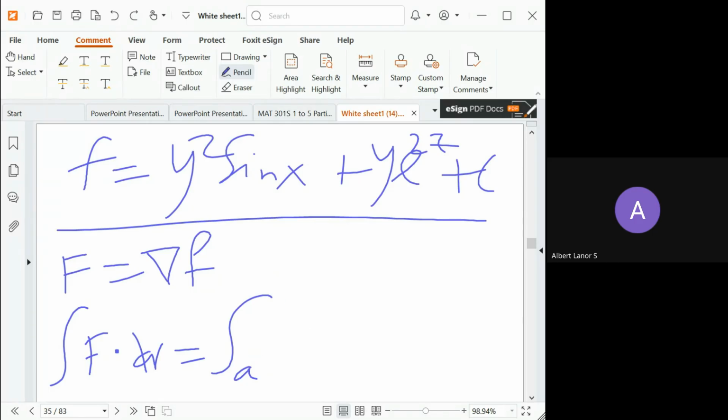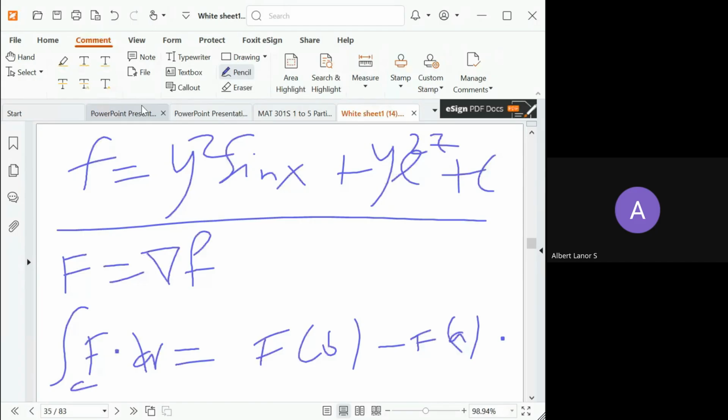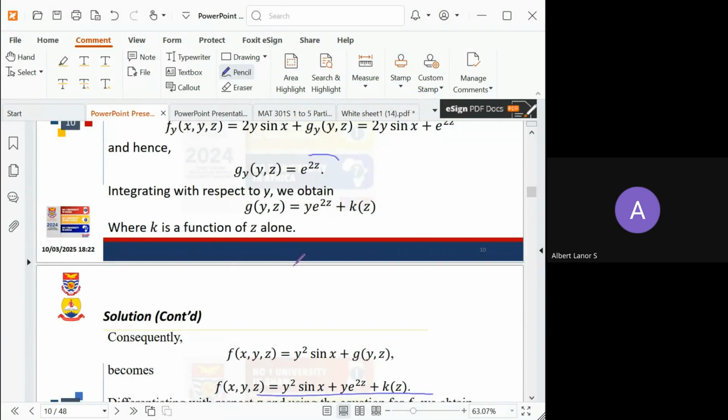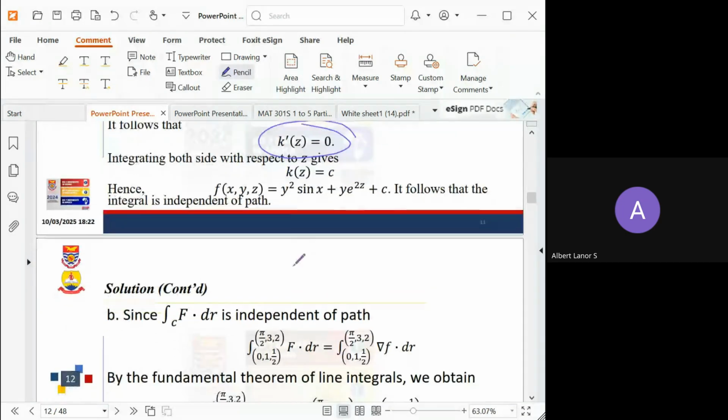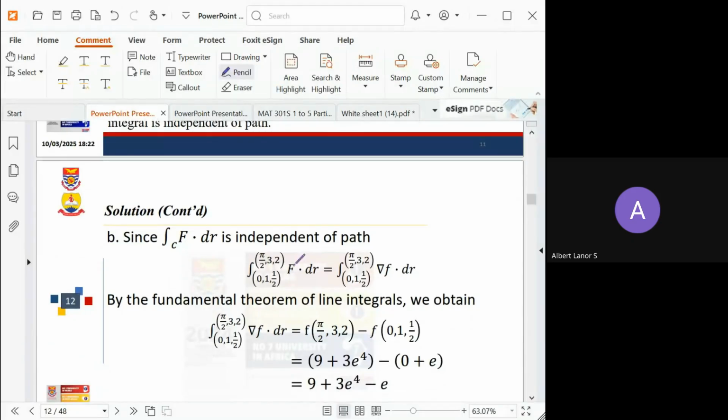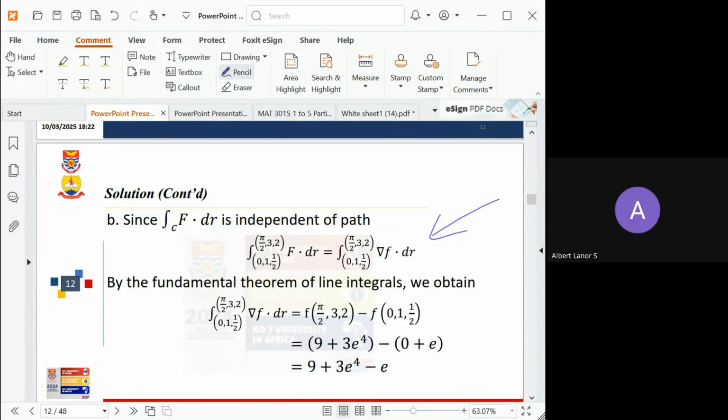So this is easy to do. The integral of this function would be F of the end point minus F of the initial point. So we've done all this already. Hence, it's independent of path. Now, once it's independent of path, the value of this is going to be equal to, yes.